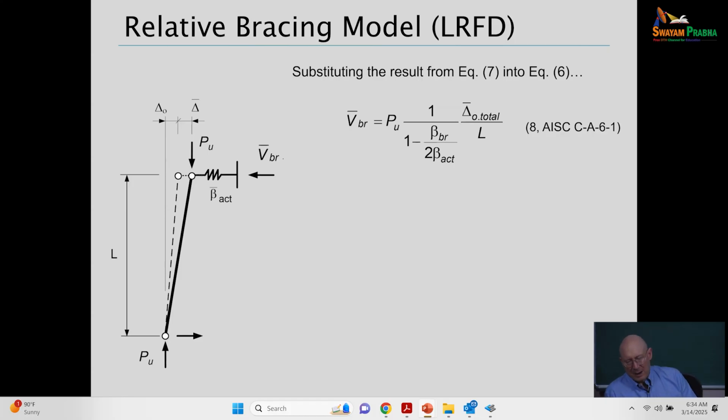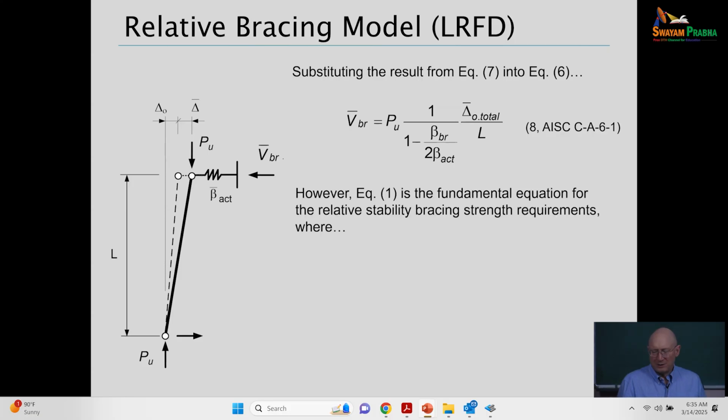The amplification factor becomes 1 over 1 minus 1/2, or the amplification factor is 2 times. But equation 1, basically, says the brace force is the P delta shear force based on the total second order lateral movement at the brace. That's the fundamental equation.